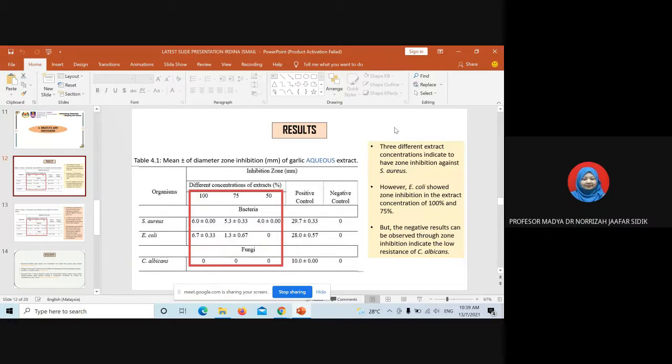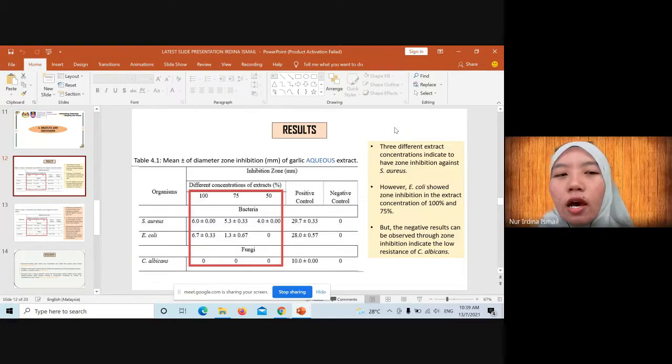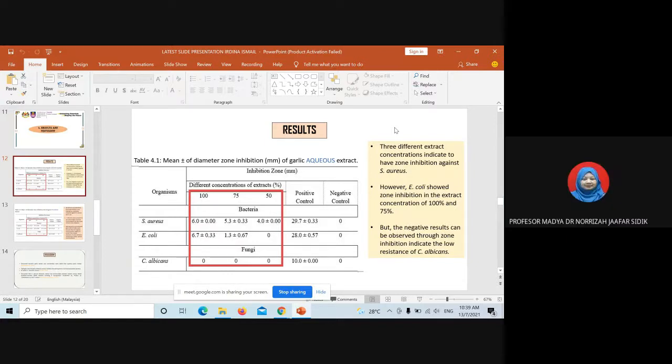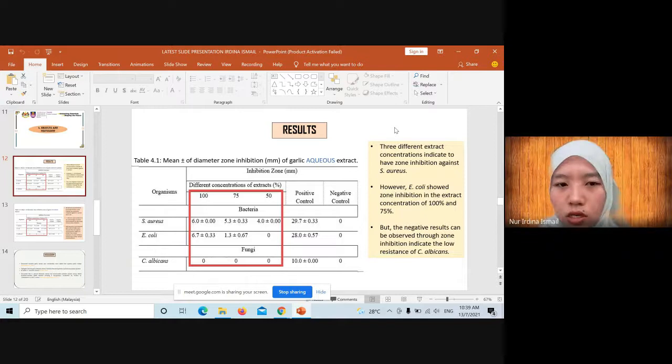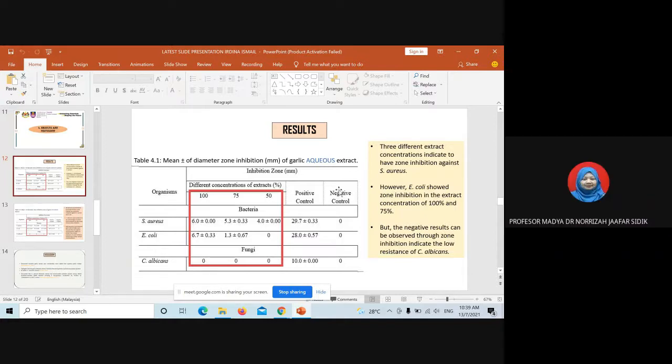How many times? 3. I did it 3 times. No, that one is the replications, right? Yeah. But my question is, if you compare your results with the positive control.